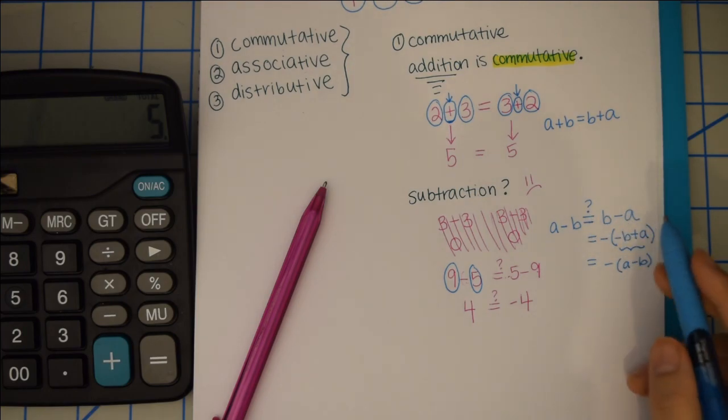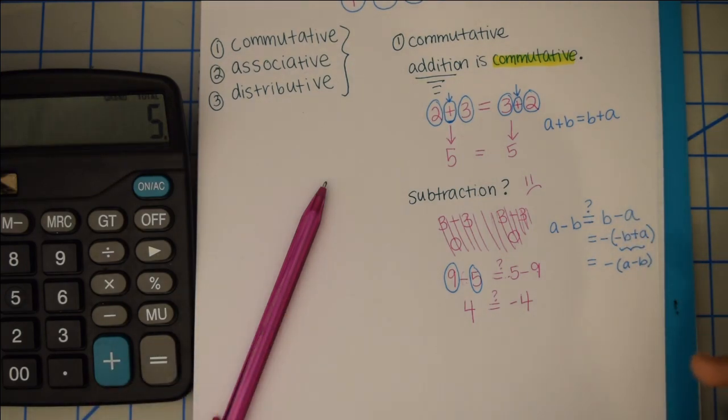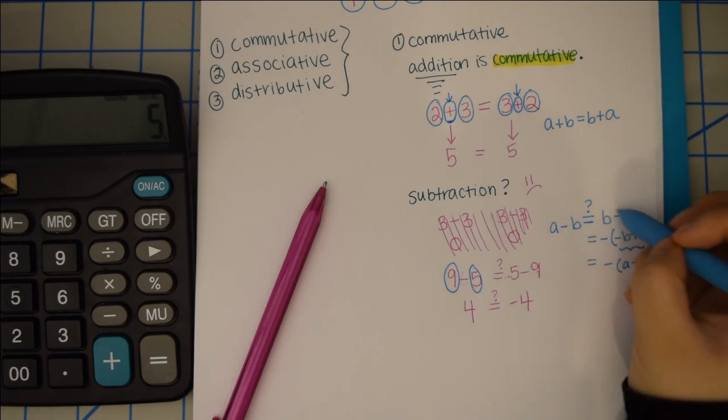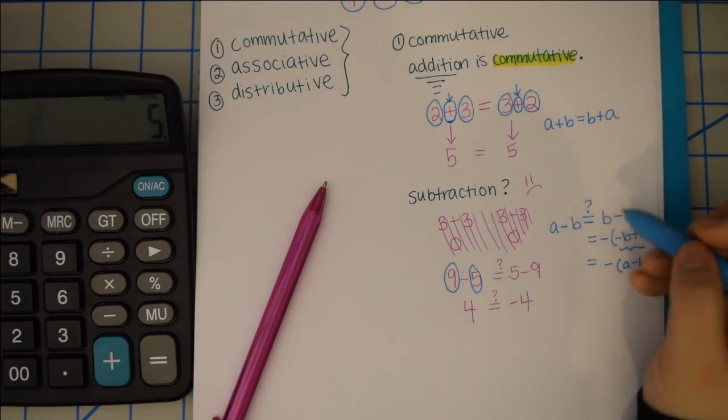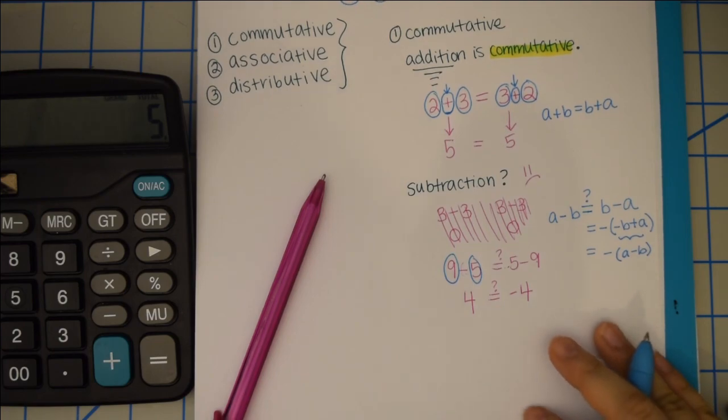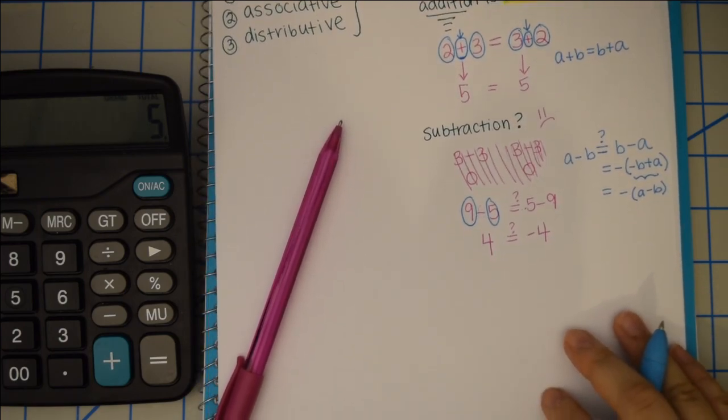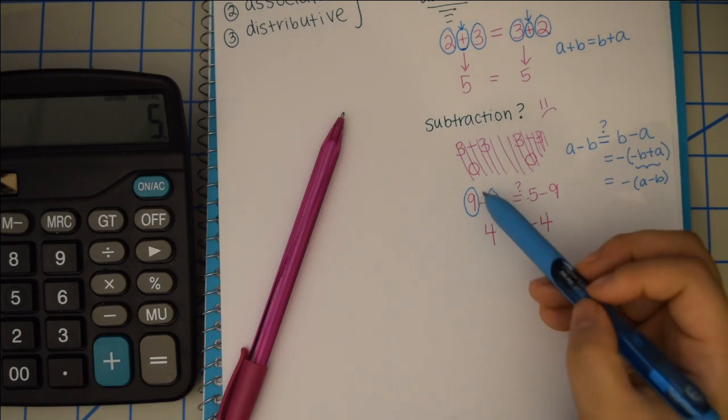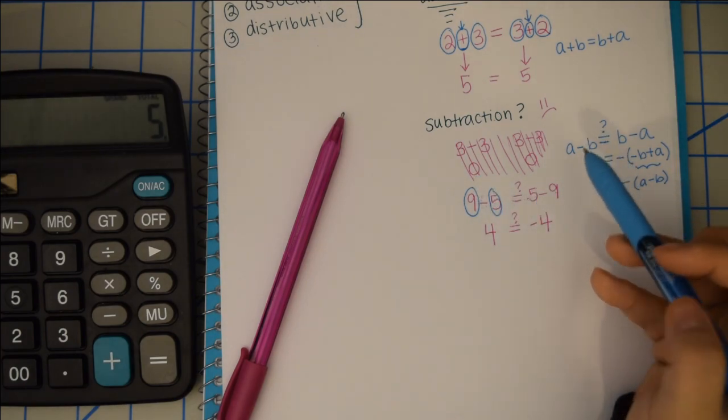So that's not totally proper, but you can just try out numbers, right? So you can show yourself that it's not always the case.